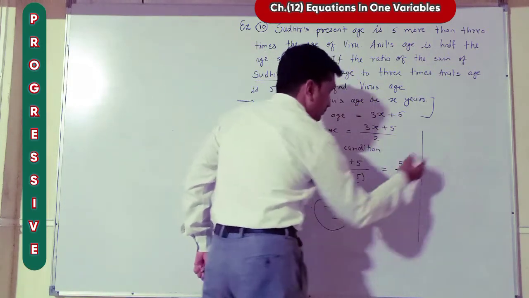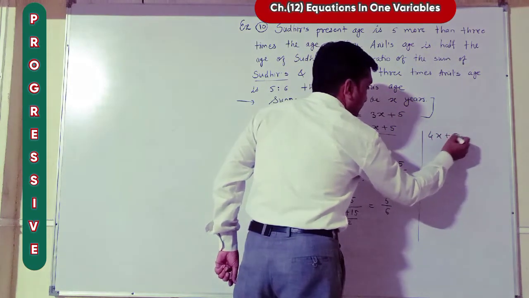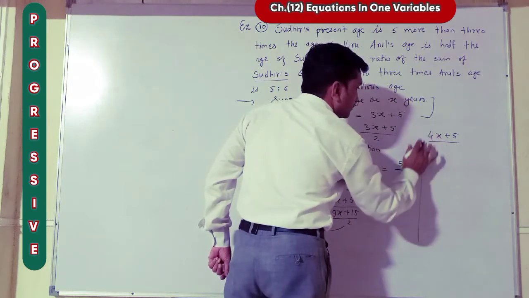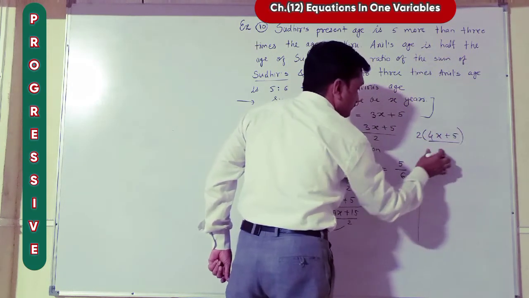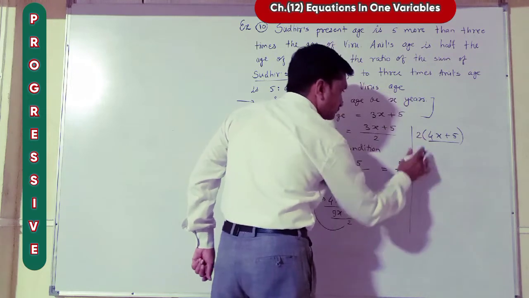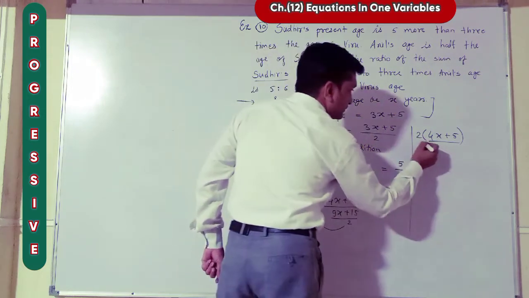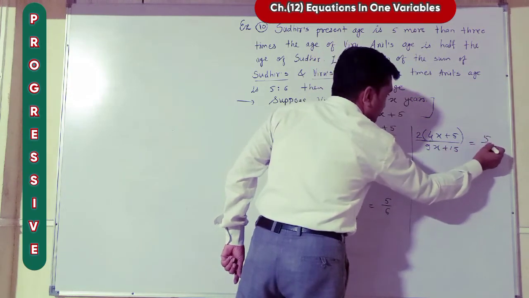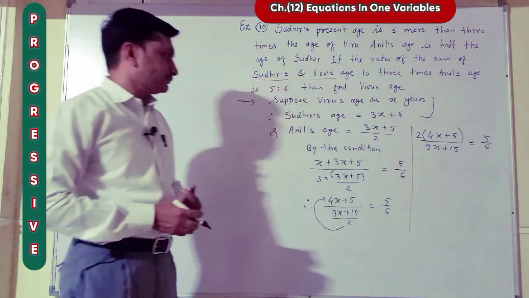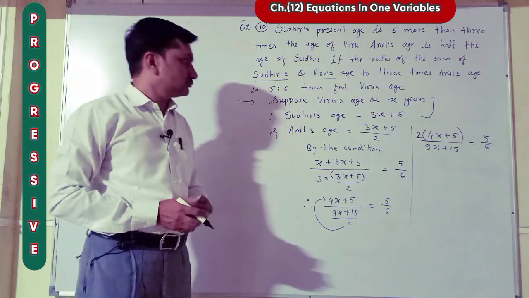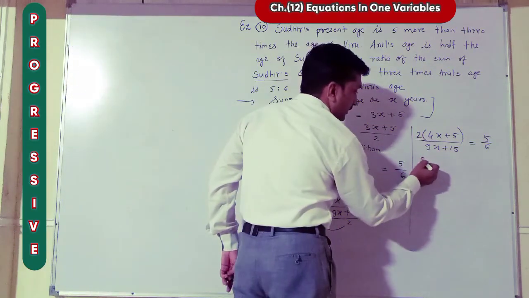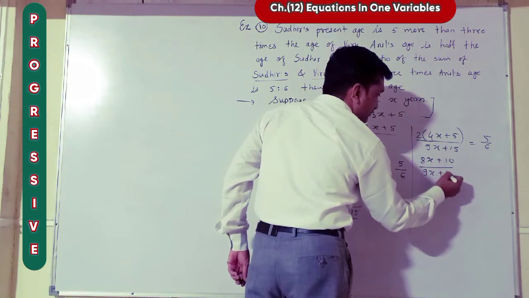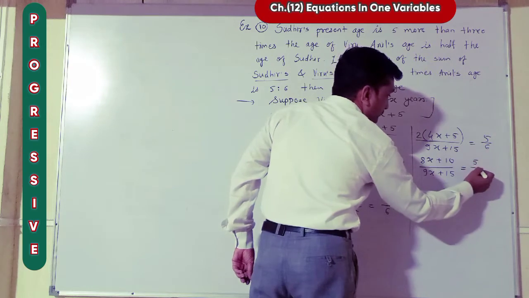Now here I continue. 4x plus 5 upon this 2 will come here. Then 2 in bracket it becomes upon 9x plus 15 is equal to 5 upon 6. Now multiply by 2 here, 8x plus 10 upon 9x plus 15 is equal to 5 upon 6.